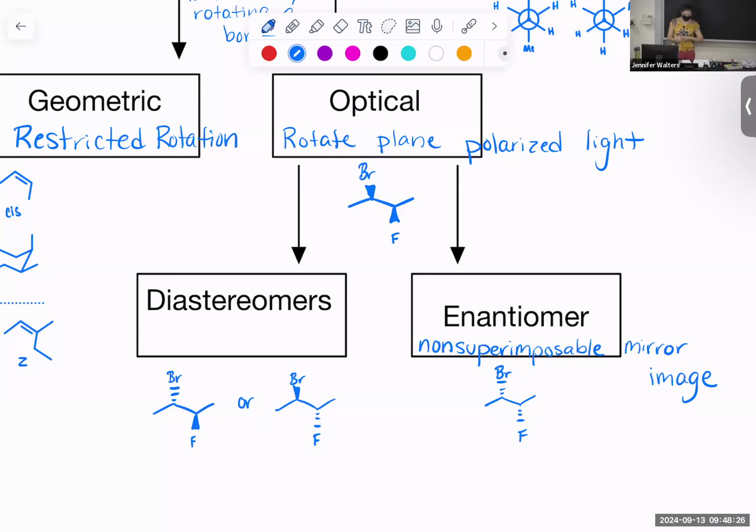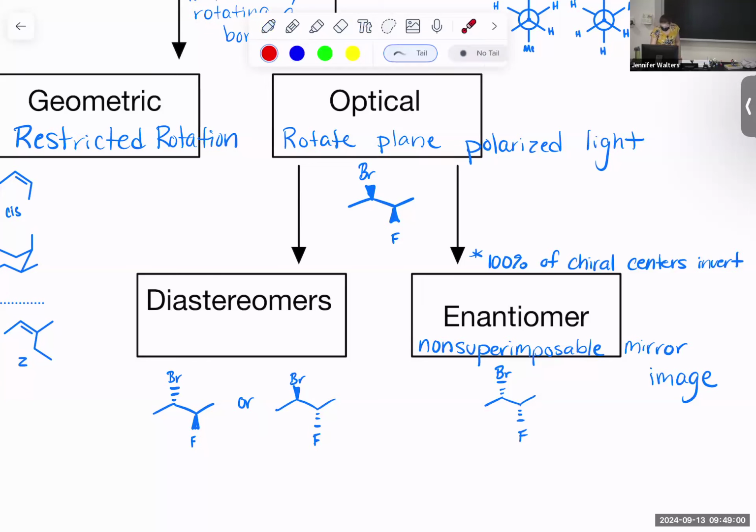I personally don't like that definition. I find it really confusing and it never actually worked in my brain, as you can probably tell from the fact that I did it wrong on my first demonstration. So what I find easiest is to think about it as we're going to flip 100% of our chiral centers. Every wedge goes to a dash, every dash goes to a wedge. 100% of them get inverted.